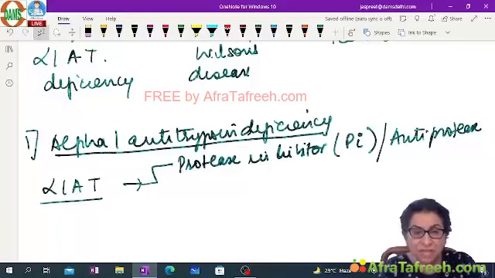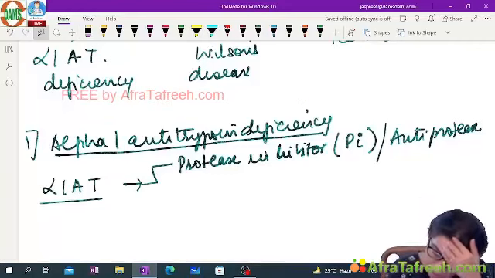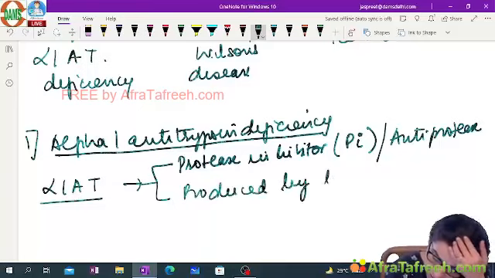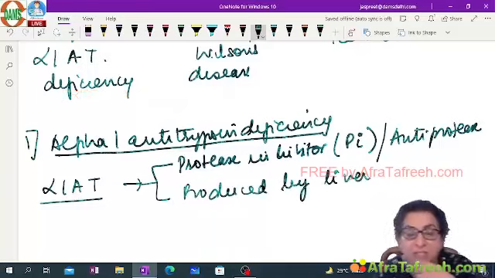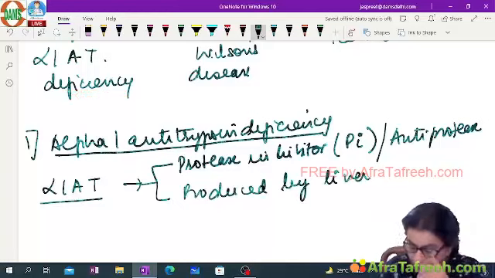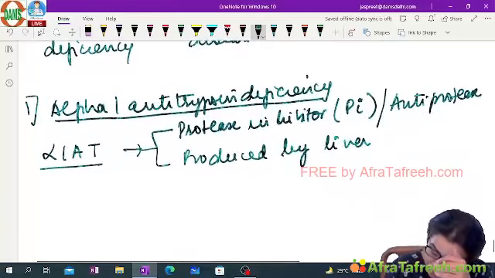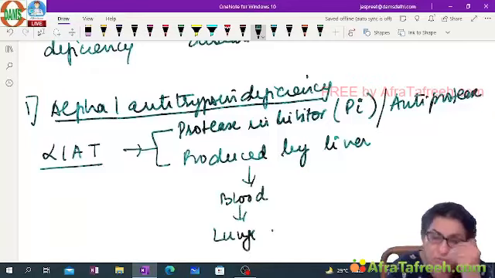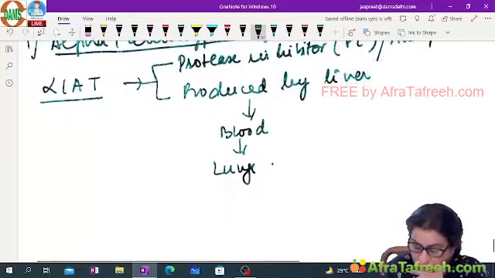That is, it inhibits the protease enzymes. It is produced by the liver, by hepatocytes, and from the liver it goes into the blood. From the blood it goes into the lungs. So where does alpha-1 antitrypsin go? It goes into the lungs.